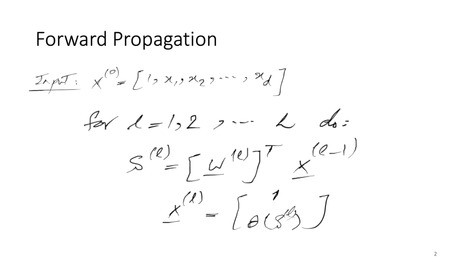That's going to be the input of the next node. And then the loop ends here. So at a high level, in a nutshell, you put the input, you compute the s of l based on the weights and the input, and then the output of that would be the input of the next node. All right?